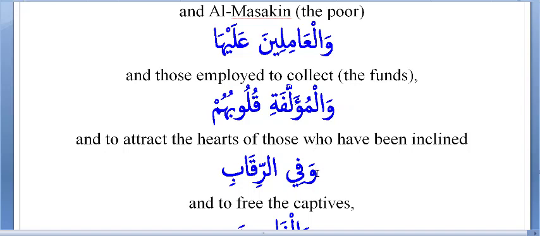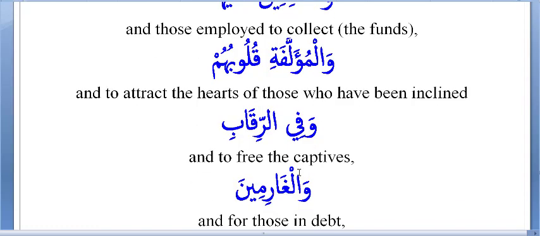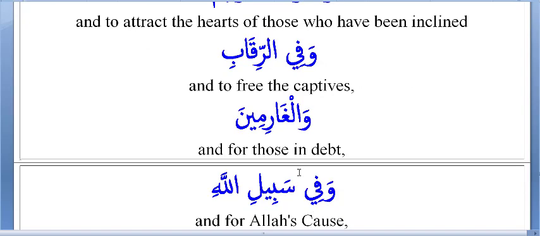So you pay him from zakah to be free. والغارمين, some people take a loan and then a problem happens and they can't pay the loan back. So from zakat money, you can support them.